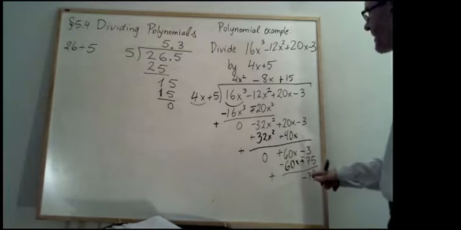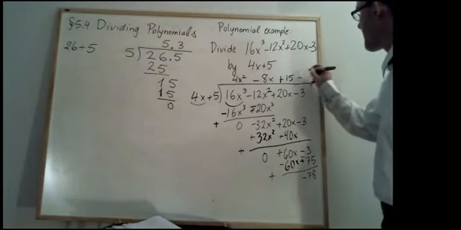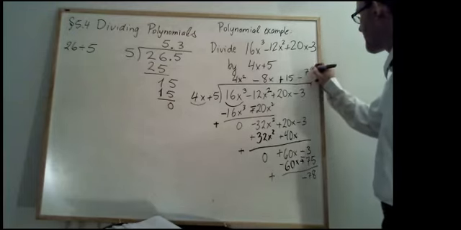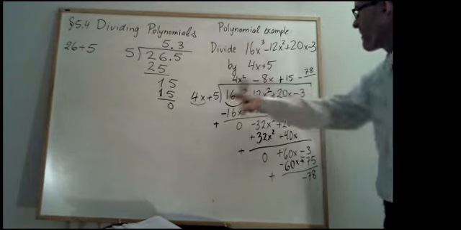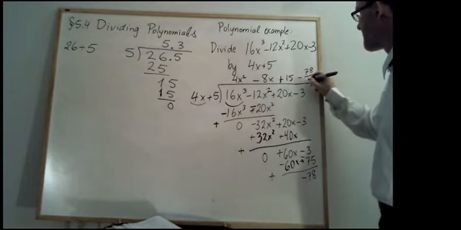Okay, so the minus 78, you can write that at the end there as the remainder over the divisor.